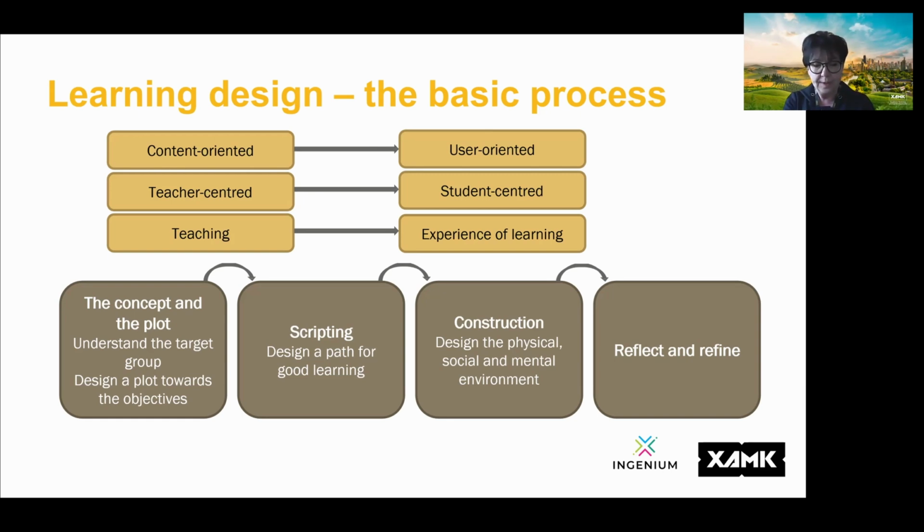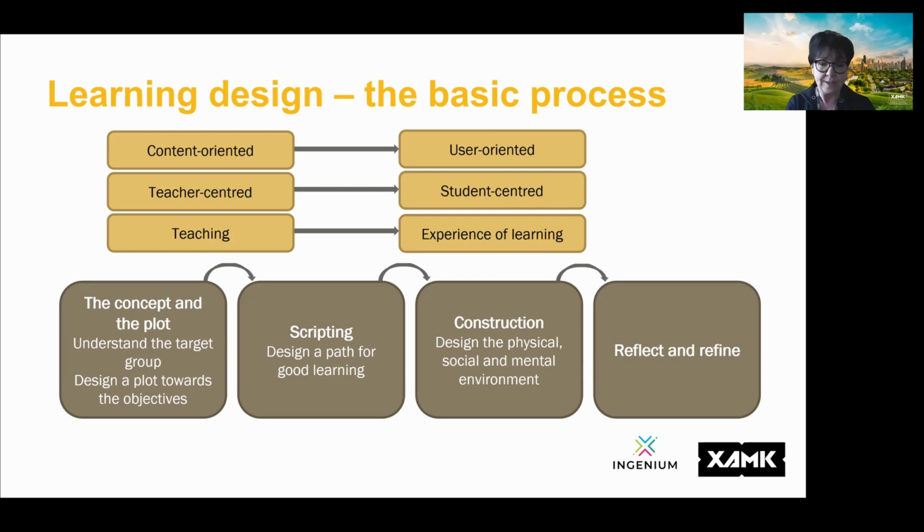So you start with the target group and create the concept, I would say the plot that will finally bring the student to the objectives set. And after that, you formulate the actual manuscript of the learning process and finally build the learning environment where you consider the physical and the social and the mental environments.